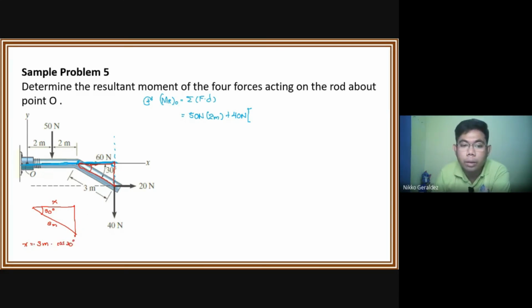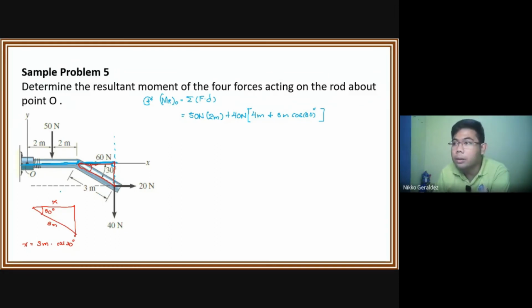So the perpendicular distance is 4 meters plus 3 meters times cosine 30 degrees. That is the perpendicular distance of the 40 Newton.